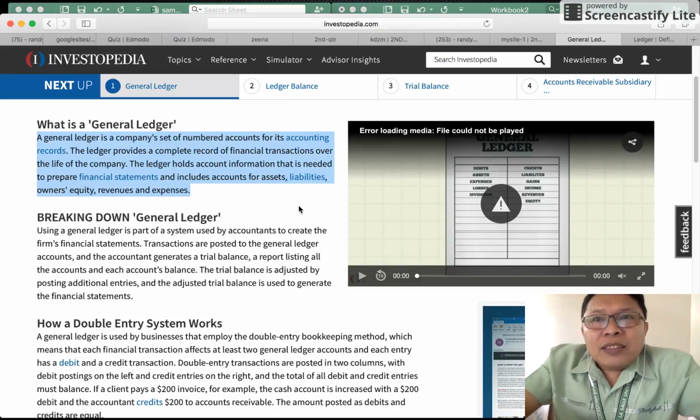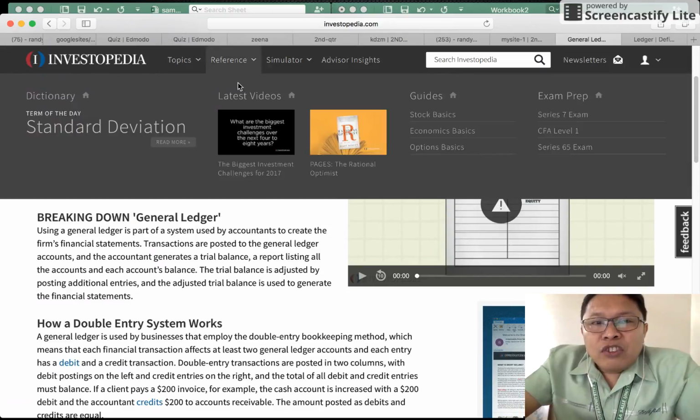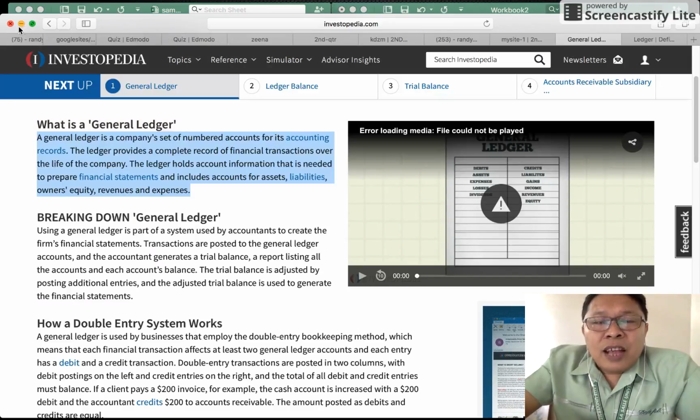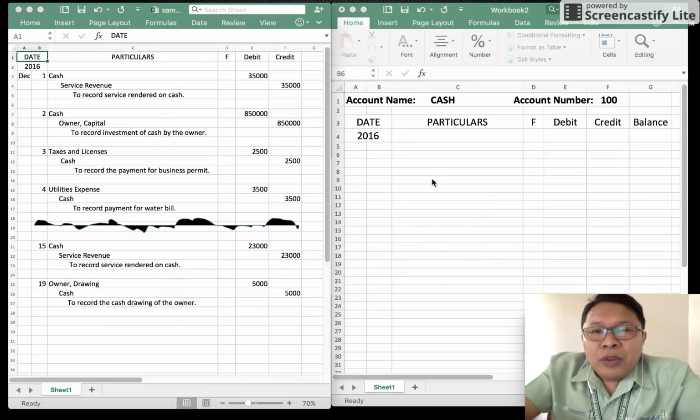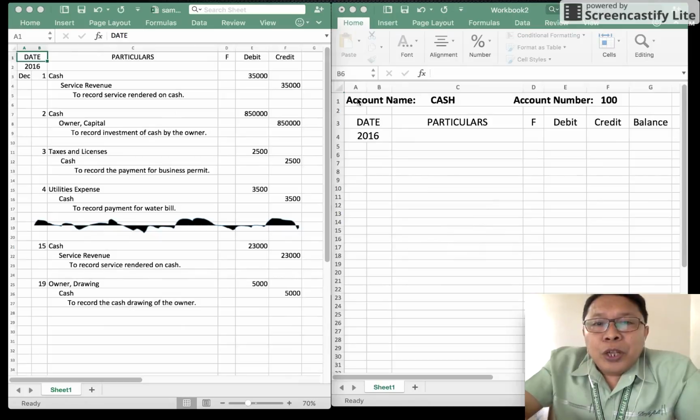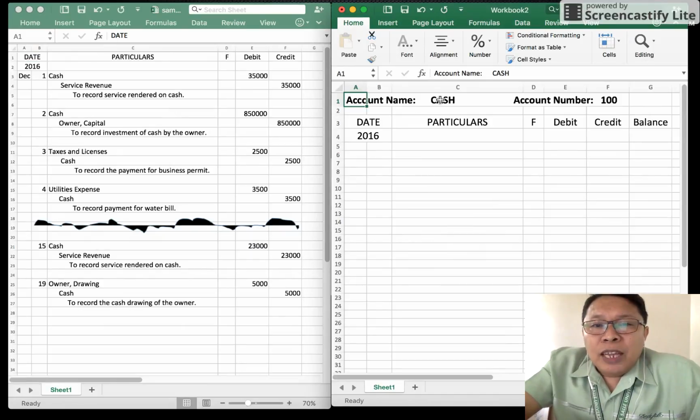Again, it's significant that we understand that the general ledger is otherwise known as the book of final entry. So I have here on my screen a sample of a ledger for cash. We can find that we have here an account name labeled cash, an account number which is 100. This is taken from the chart of accounts.